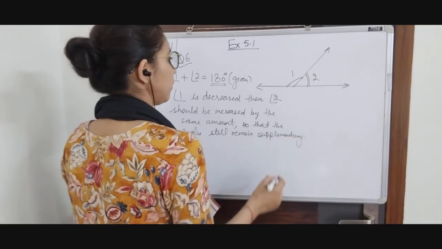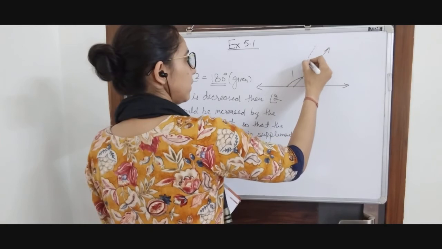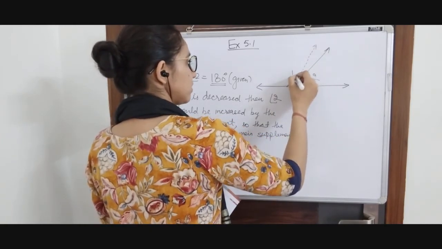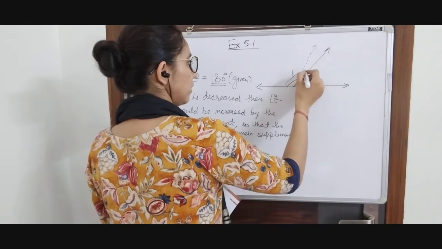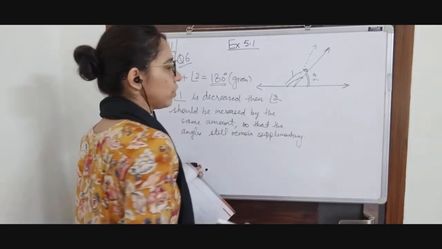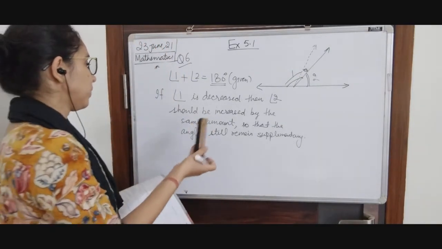You can look from the figure, if angle 1 is decreased, it is going to be something like here, this one, angle 1. So if it is going to decrease from here to here, this much amount, then angle 2 should be increased by this much amount, so that the sum is 180 only.